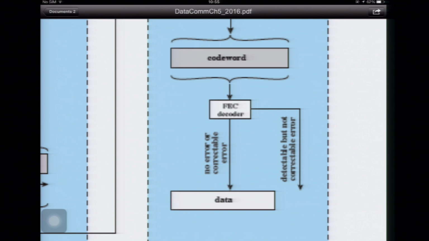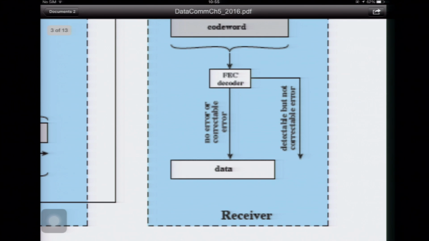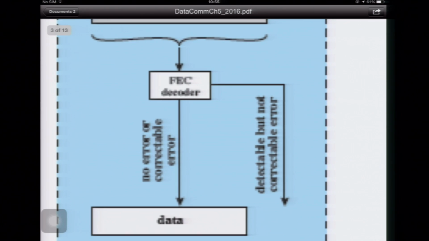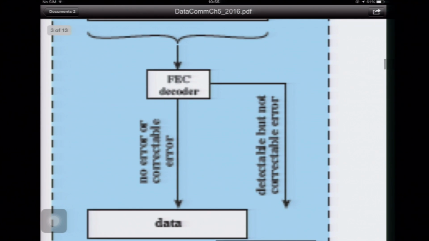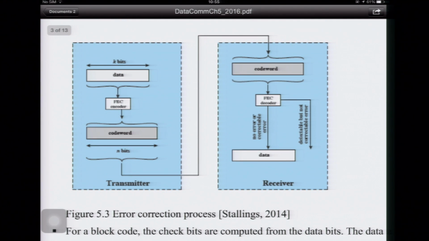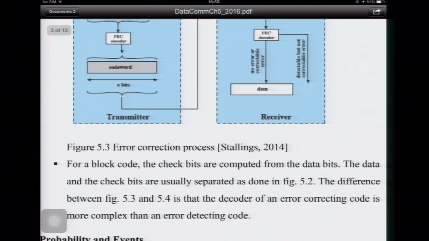If there is no error, it will give out the data, or if there are errors but the FEC decoder can correct them, it will correct and give out the data. But if it's something that is detectable but not correctable, which means that it knows that something is wrong but it cannot correct it, then it will send out an uncorrectable error. So the user will know that this cannot be used. This is not correct.